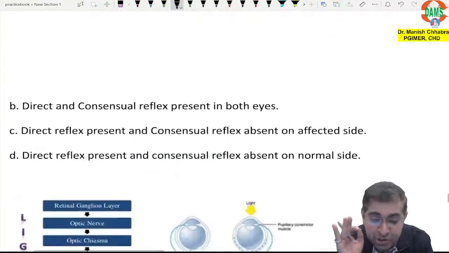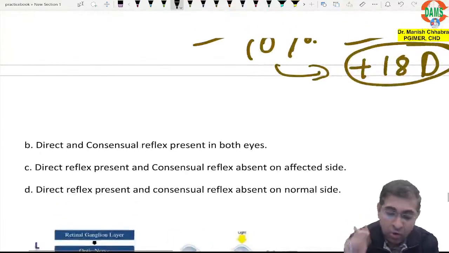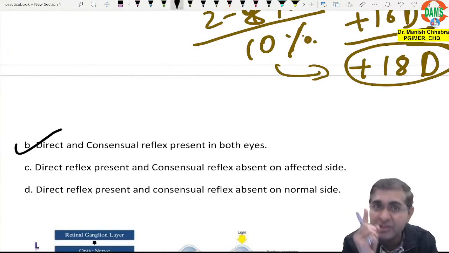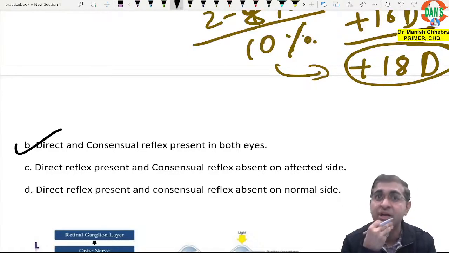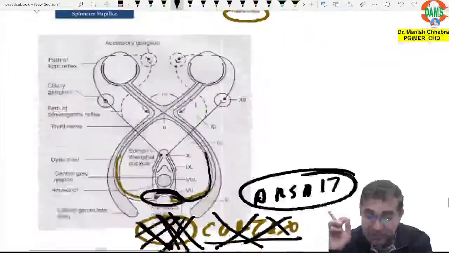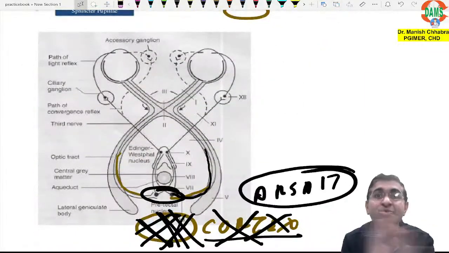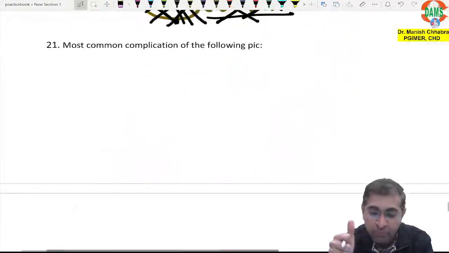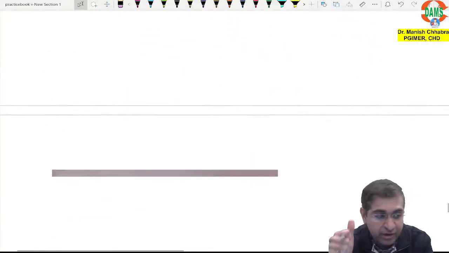It will be absolutely normal. So direct and consensual reflex will be present in both eyes. This is very conceptual. Even if there is complete loss of vision, the pupillary light reflex fibers don't pass through the cortex. They pass through the pretectal nucleus. All right. Now, most common complication of the following, pick.